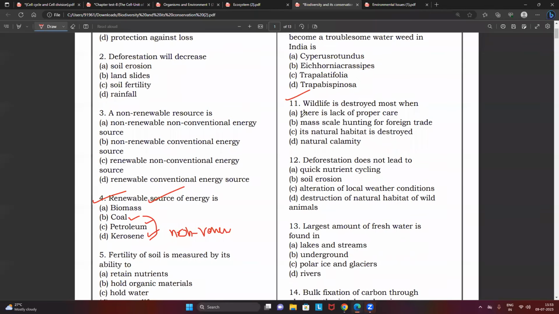Yes. Question number 11. Wildlife is destroyed most when? Simple question, friends. Think correctly.